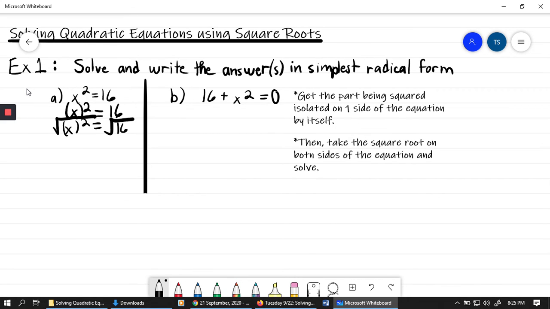So because we're taking the square root of something that's being squared, this square root is going to act as an inverse operation, and it is going to cancel out the square. The square root is going to cancel out with the square.